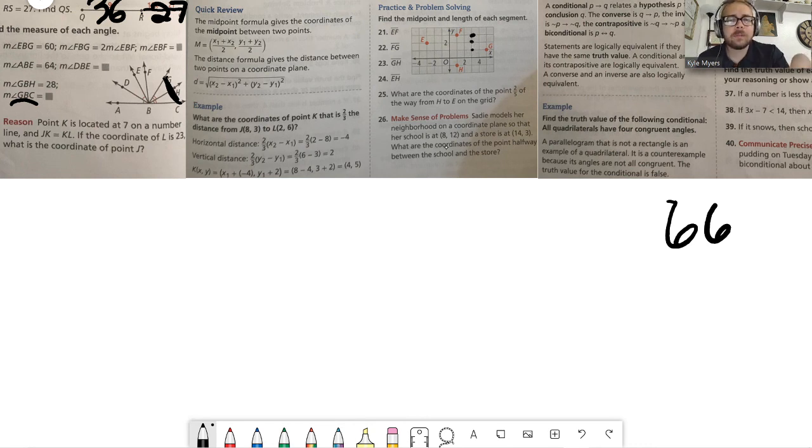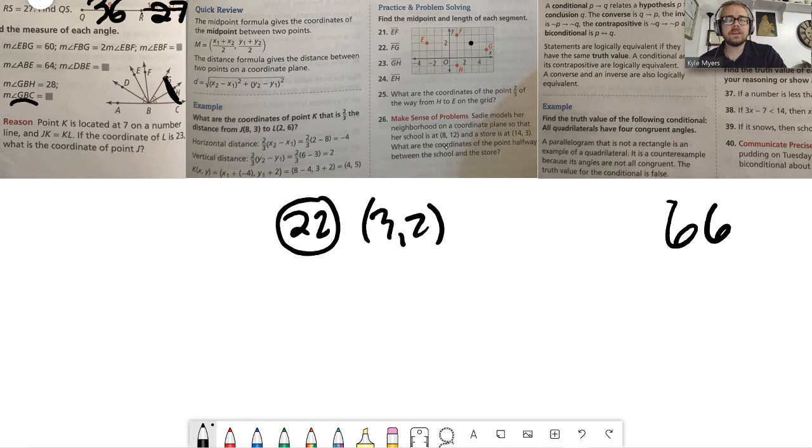So look right there, this little dot right there. There's the midpoint. And you can kind of just tell, right? It's 2 spaces away from F and G, left and right, and then it's 1 space away from F and G, up and down. So that's the midpoint. It's 3, 2. Right? So for 22, 3, 2. There's the midpoint.